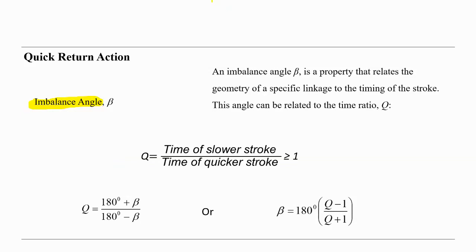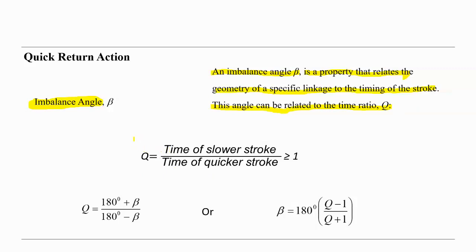So an imbalance angle beta is a property that relates the geometry of a specific linkage to the timing of the stroke. So this angle can be related to the time ratio Q.